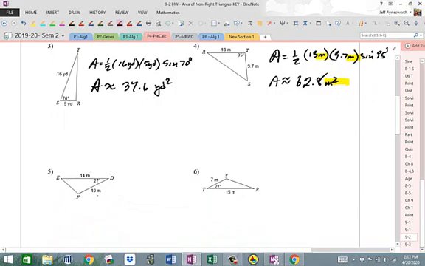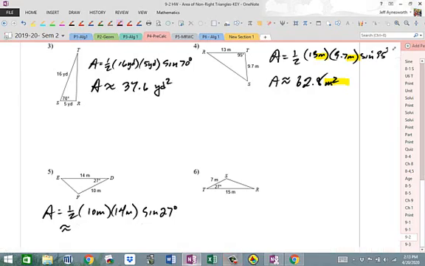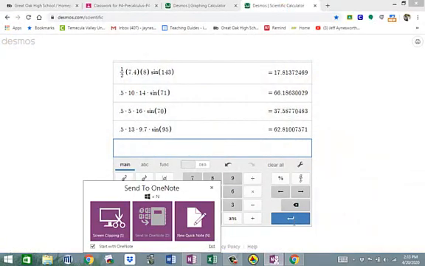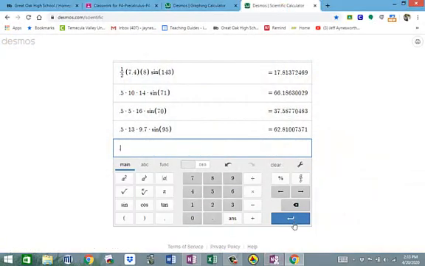Again, side angle side condition. The area is 1/2 times 10 meters times 14 meters times the sine of the included angle, 27 degrees. Let's multiply: 0.5 times 14 times 10 is 140, I just did that in my head, times the sine of 27 degrees.